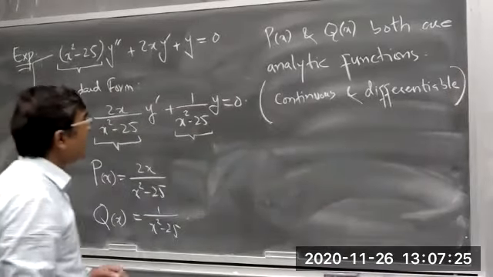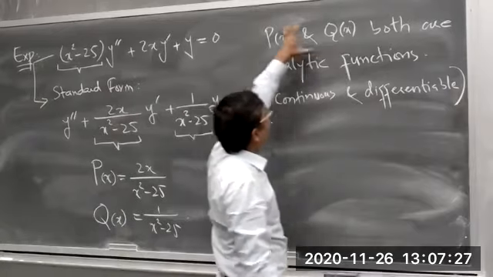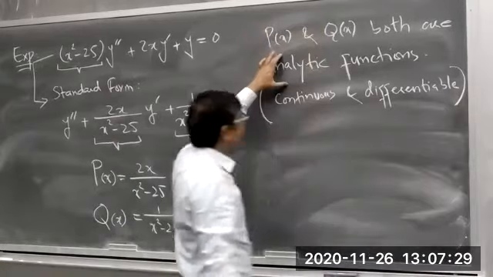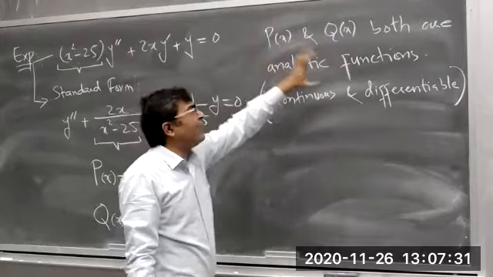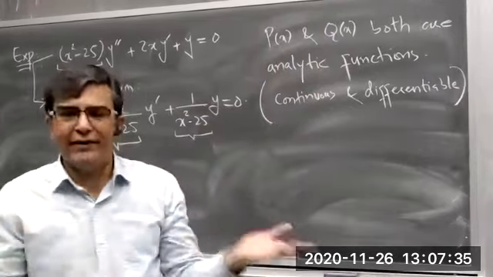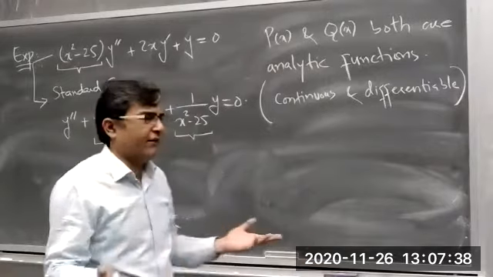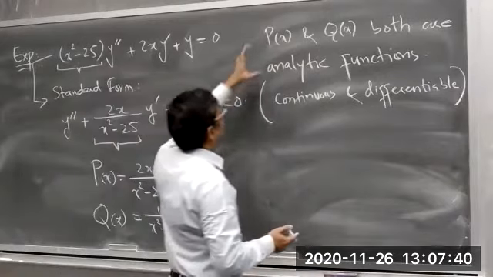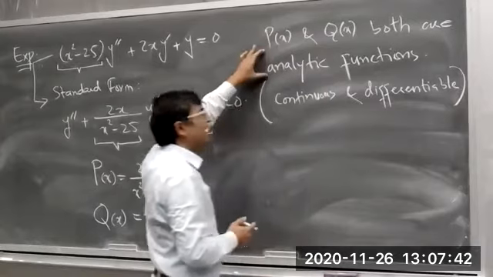Then we say that the function is analytic. Analytic functions are those functions which are continuous and differentiable up to infinite order. All their derivatives exist and they are continuous. Those kinds of functions are called analytic functions.